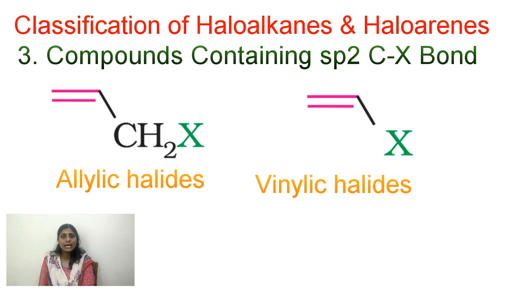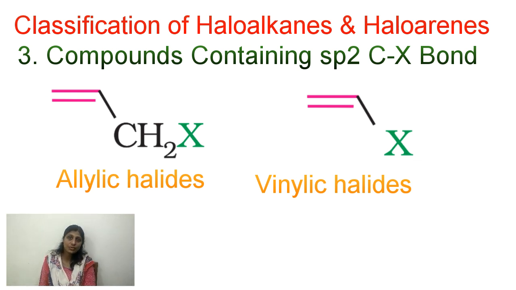In allylic halides, for example CH2=CH-CH2X, the carbon atom directly attached to the halogen, that is the alpha carbon atom, is bonded with a carbon atom having a double bond. So the alpha carbon atom is sp3 hybridized.